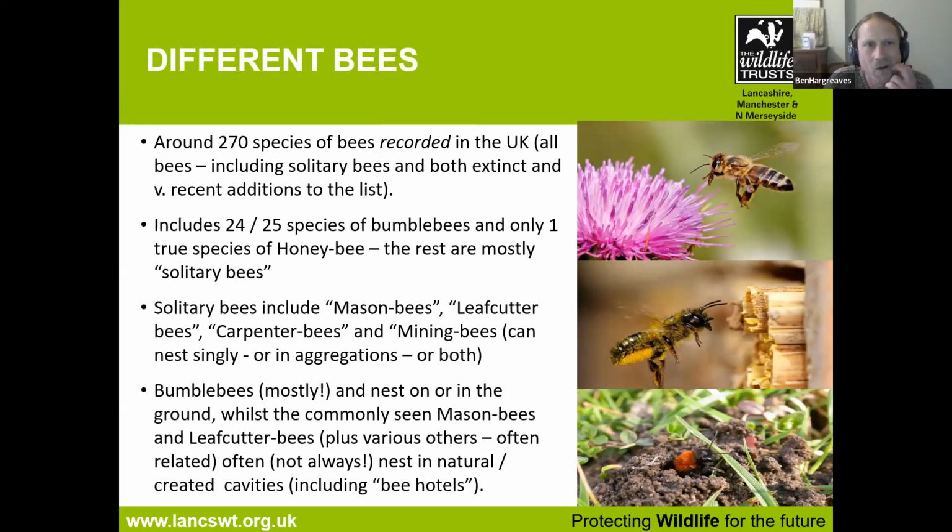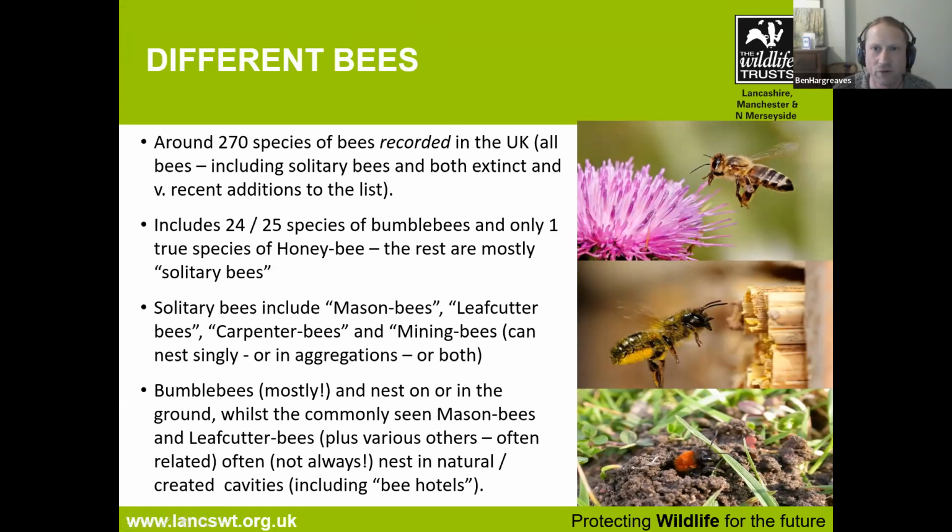So we've got a total of around 270 species of bees recorded in the UK. That includes the solitary bees and all the other bees, and it includes the ones that we have at the present time, extinct bees, and those that have arrived more recently.